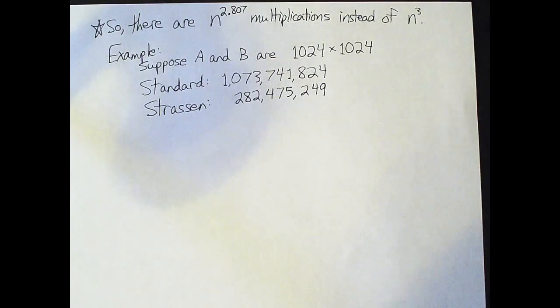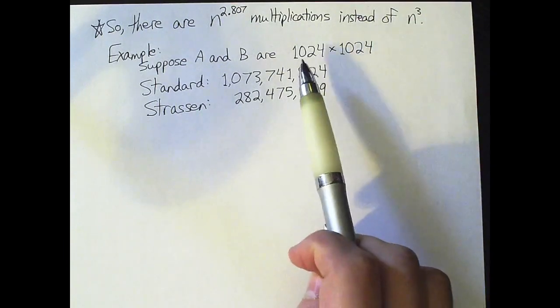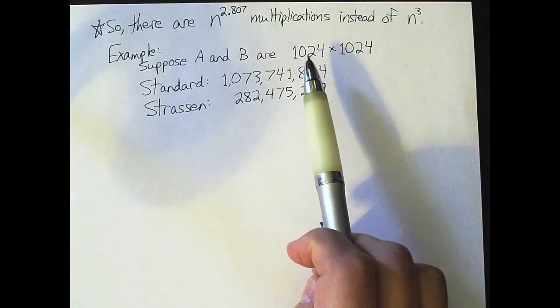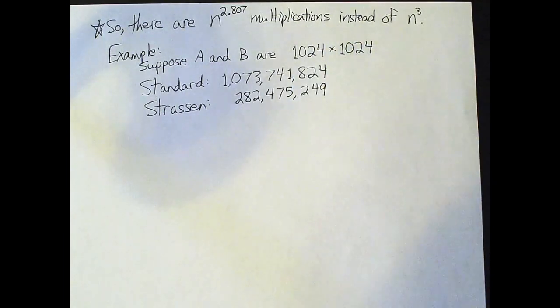It would have a lot more additions and subtractions, but we're okay with that. By the way, if you had something that was not a power of 2, like let's say these were 1000 by 1000, I would probably just pad them with extra columns of zeros to make them this size. So it still works.